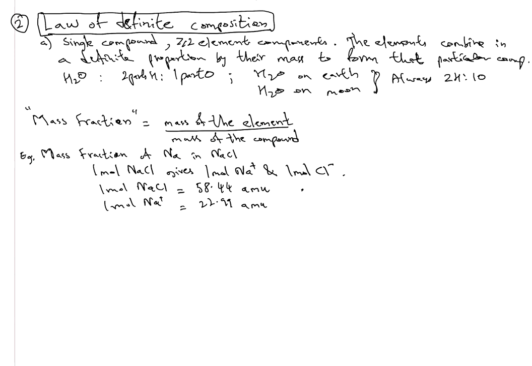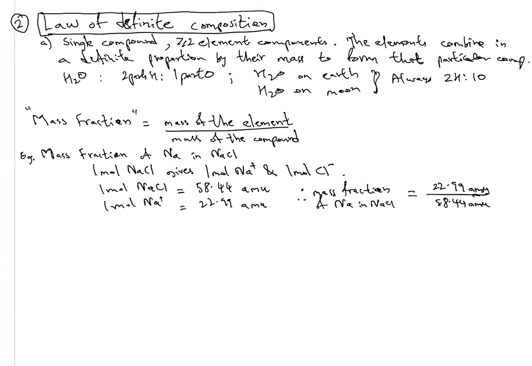And therefore, the mass fraction of sodium in sodium chloride will be equal to, what is the mass of sodium? 22.99 AMU. And what is the mass of sodium chloride? Which is 58.44 AMU.